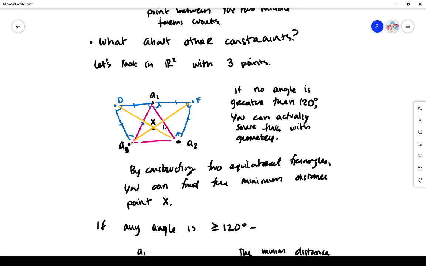If no angle is greater than 120 on this triangle that is formed by these 3 points, you can solve this with pretty simple and interesting geometry. Essentially, you can take any 2 points, like a1 and a2, and build an equilateral triangle off of it. Then you can do this with the opposite points, and then draw these lines between f and a3 here and d and a2, and by doing this, you will find the intersection is your minimum distance point.